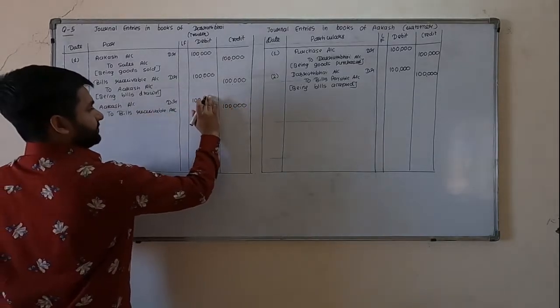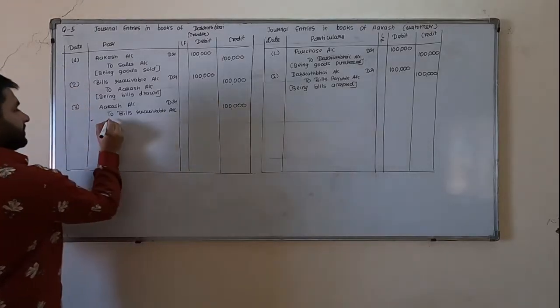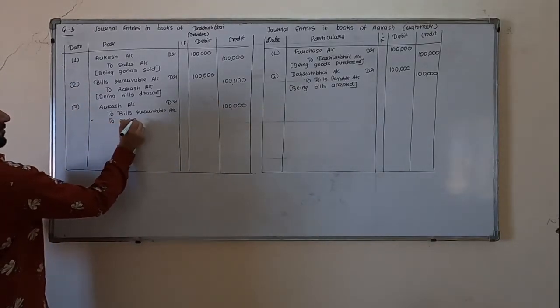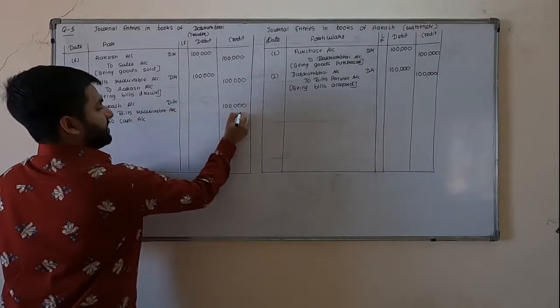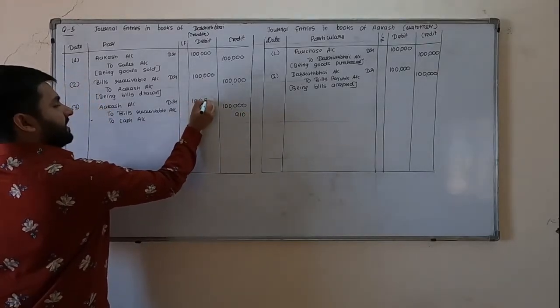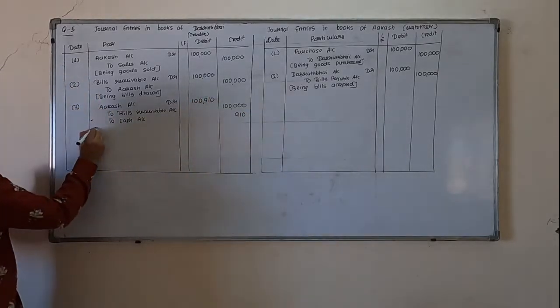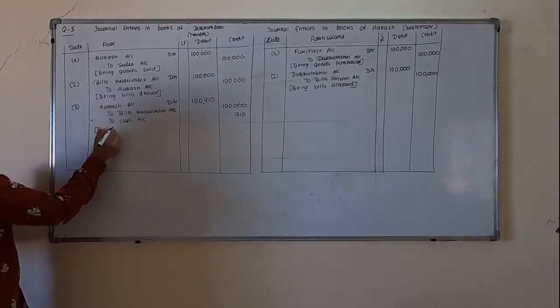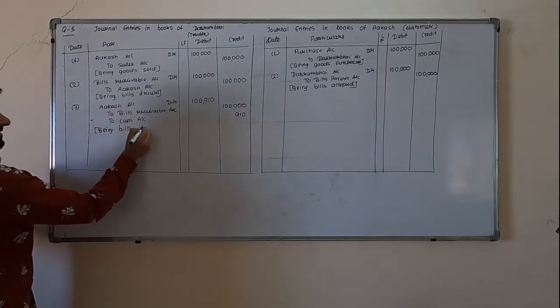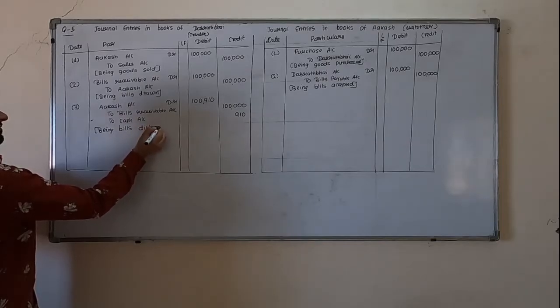Sorry, not 1 lakh. Expenses will also come, and to cash account also. Noting charges have to come 910. So here total 1 lakh 910. Being bill dishonored.